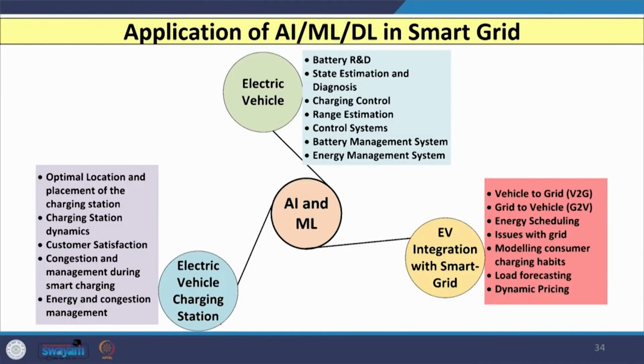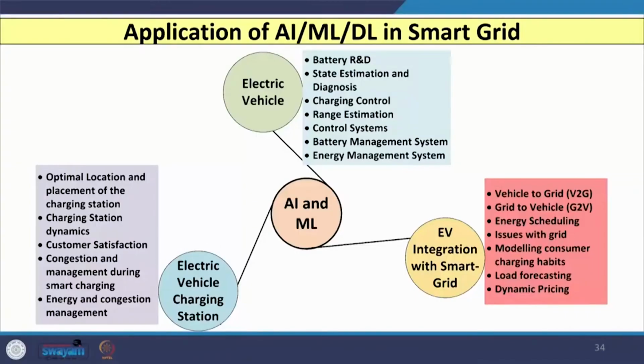Now, at last let us see how we can apply AI, machine learning or deep learning in a smart grid environment. One example we can consider: electric vehicles are increasing day by day, as we are shifting from gasoline based vehicles to electric vehicles. So, the concept of AI, ML or deep learning can be easily applied in this case.